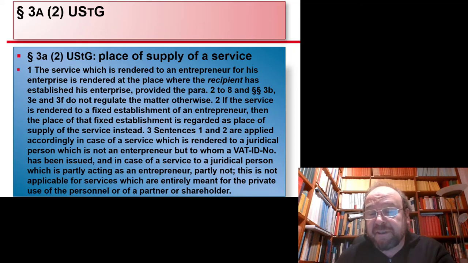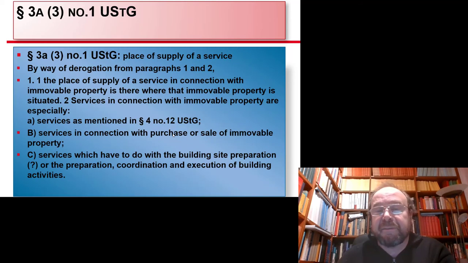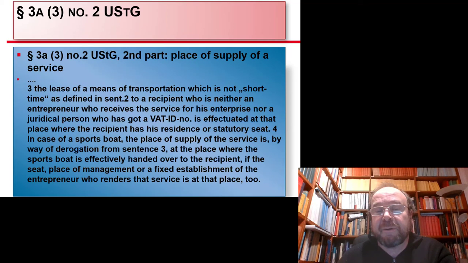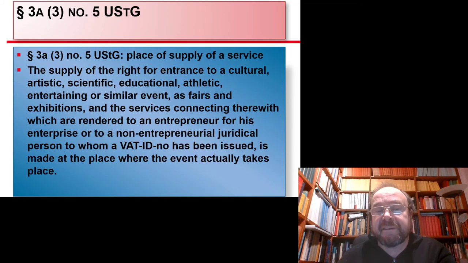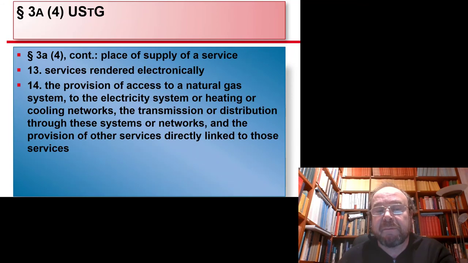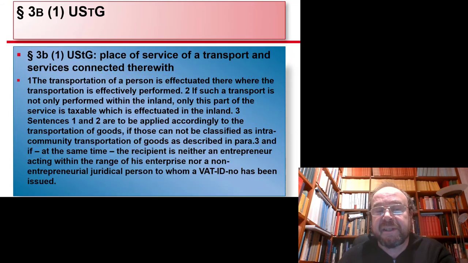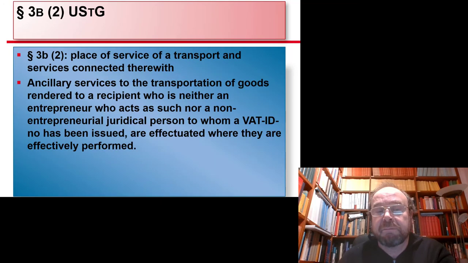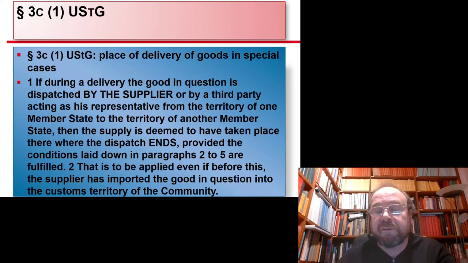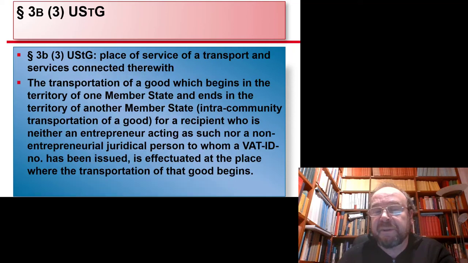If not, provided the paragraphs 2 to 8 and paragraphs 3B, 3E, and again outdated 3F, do not regulate the matter otherwise. And then details again follow. And then, by the way, 3A3 follows a lengthy rule, 3A4 lengthy, 3A7, 3A8, 3B, 2, 3C is then dealing with another thing.